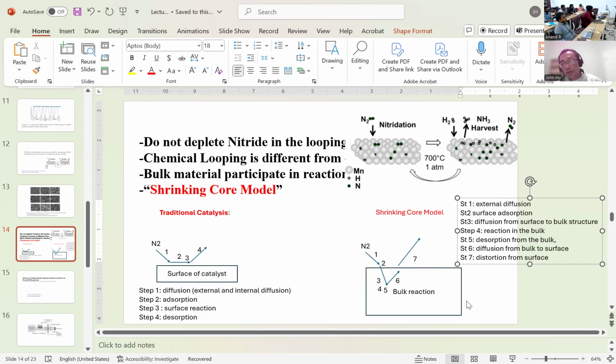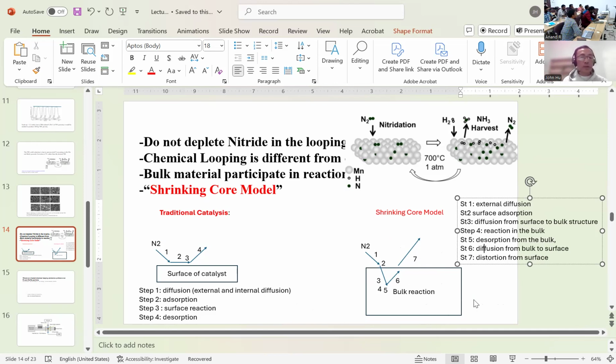So here's my question. From the step one to step seven, can you tell which step could be the most difficult, or it's called the rate determination step, which means that step really limited the overall process.